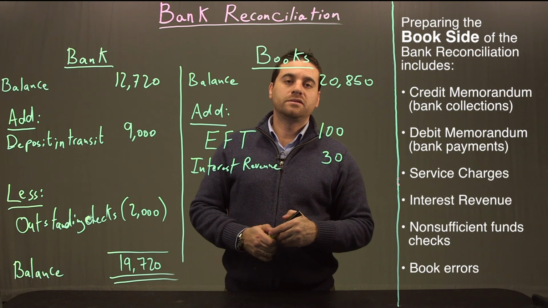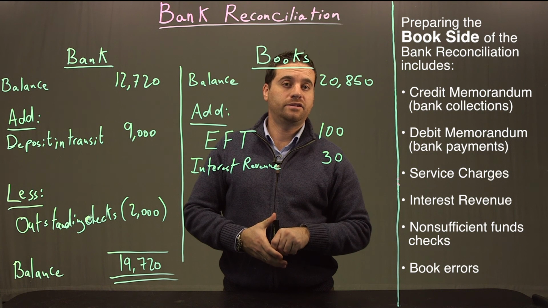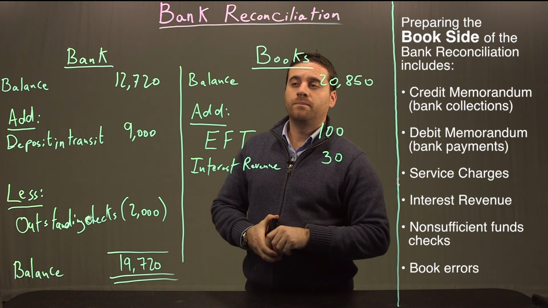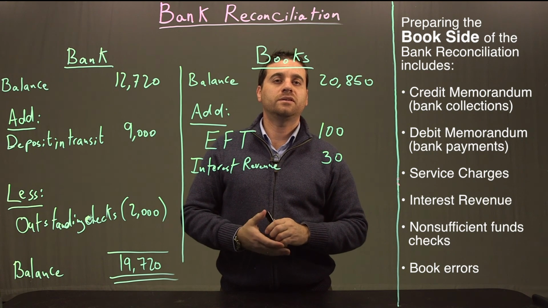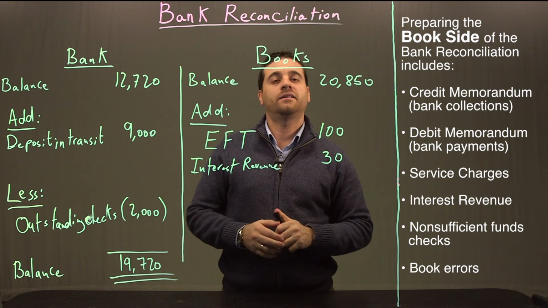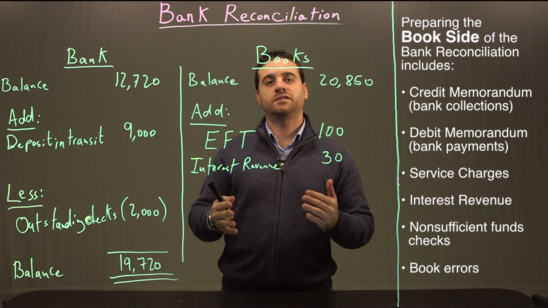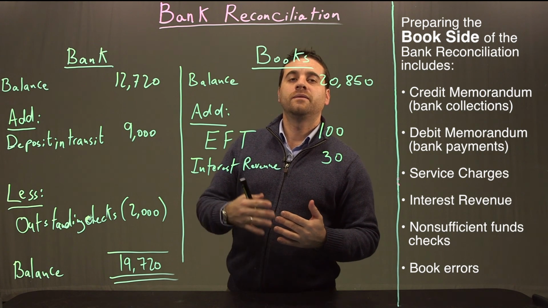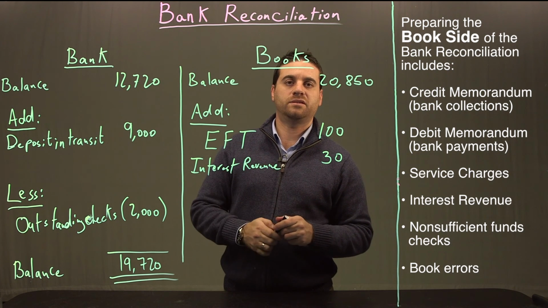There are more examples, like for example, a bounced check. Let's say we provided a service or we sold something to a customer. He gave us a check. Again, the moment we received the check, we debited cash, not when we clear it, not when it goes to the bank. It's only when we receive it from the customer.